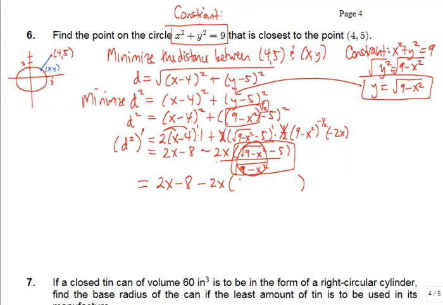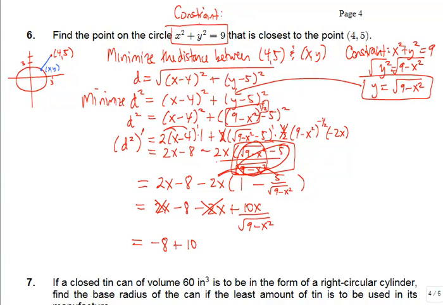This reduces to just a 1 minus this stays 5 over square root of 9 minus x squared. The reason I'm doing it this way is so that when I distribute this minus 2x across, I'll get these 2x's to cancel, and then this becomes a positive 10x over square root of 9 minus x squared. So we get a little bit of cancellation going on, and we get negative 8 plus 10x over square root of 9 minus x squared.